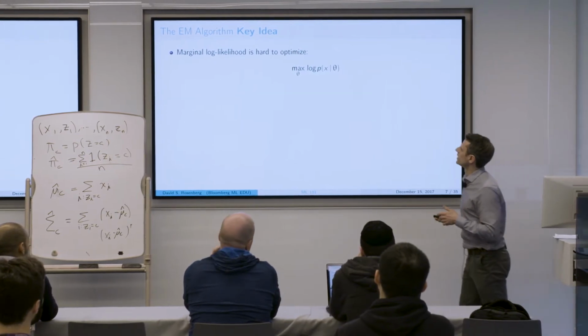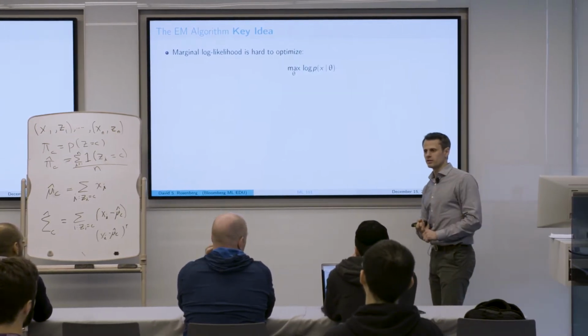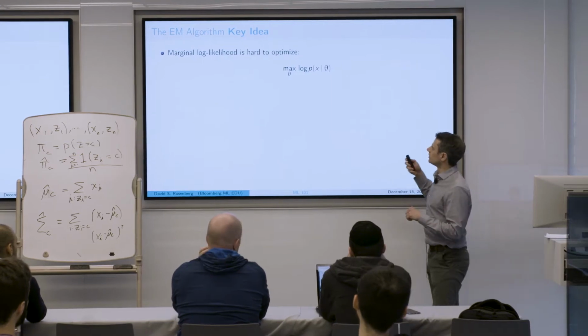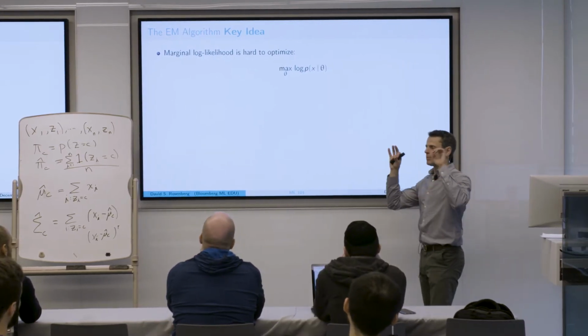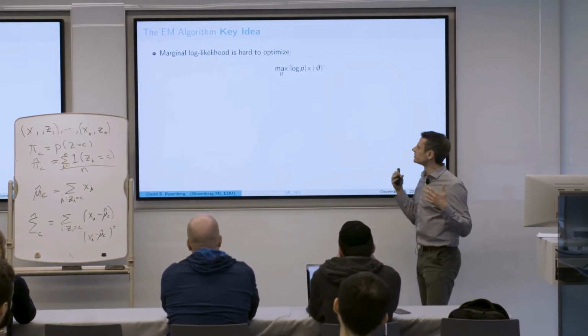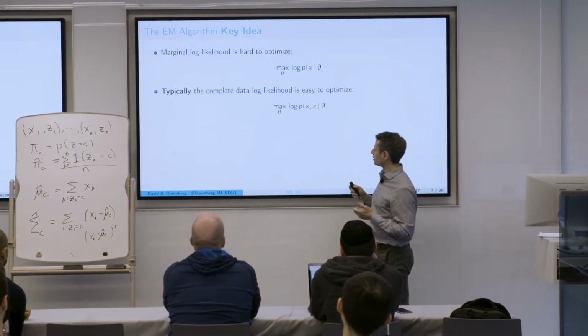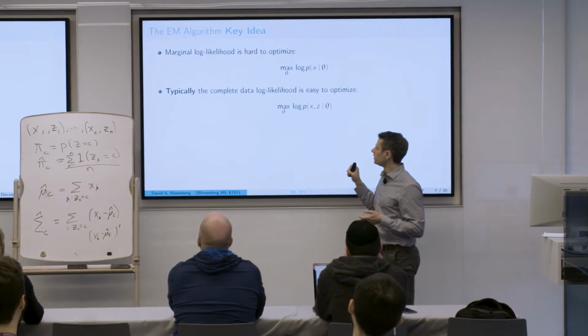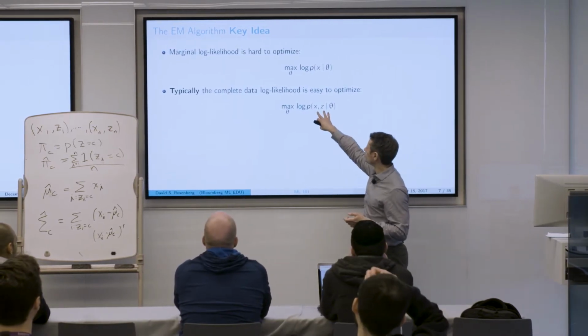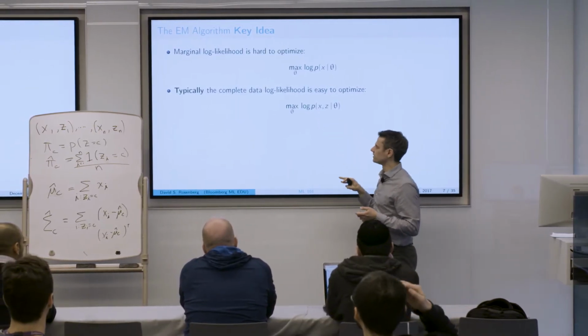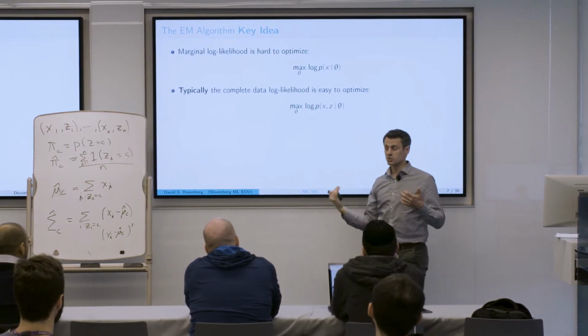All right? But that's hard. It was hard in the Gaussian mixture model case because of that sum blocking the log, remember? That's what made this hard in the Gaussian mixture model case. And in general, it's hard for latent variable models. But in the fully observed case, when we observed x and z, in Gaussian mixture models, it was very easy.